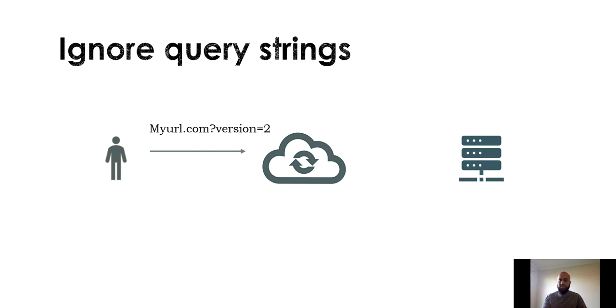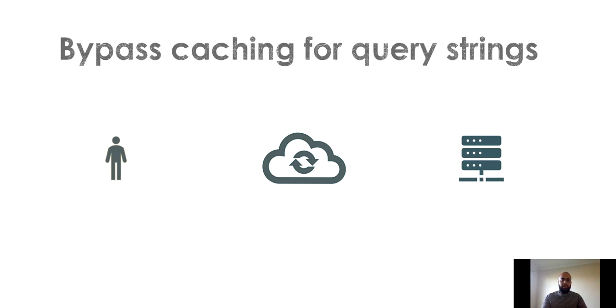When you've got this setting, the CDN wouldn't care about what you're sending as part of the query string. It will just look at the base URL and use that base URL to respond to your request. So it will actually send you information about myurl.com version equals 1, right? So that's what happens when you ignore query strings. Again, it all depends on your strategy.